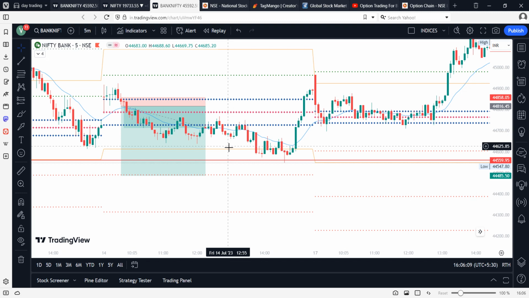When you give 1 lakh to a person at 2 rupees interest, how much do you get in a month? It is around 2000 rupees, right? And from the market with a disciplined approach, you are getting 10,000. How much is it? It is around 10%. This is how you have to think.